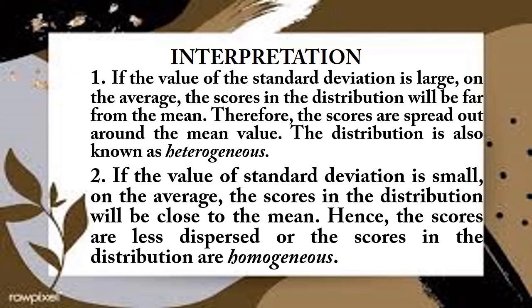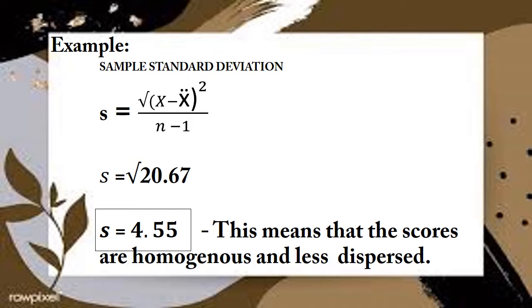So when we are going to interpret the result of the standard deviation, we need to consider these two rules. If the value of the standard deviation is large, on the average, the scores in the distribution will be far from the mean. Therefore, the scores are spread out around the mean value. The distribution is also called heterogeneous.